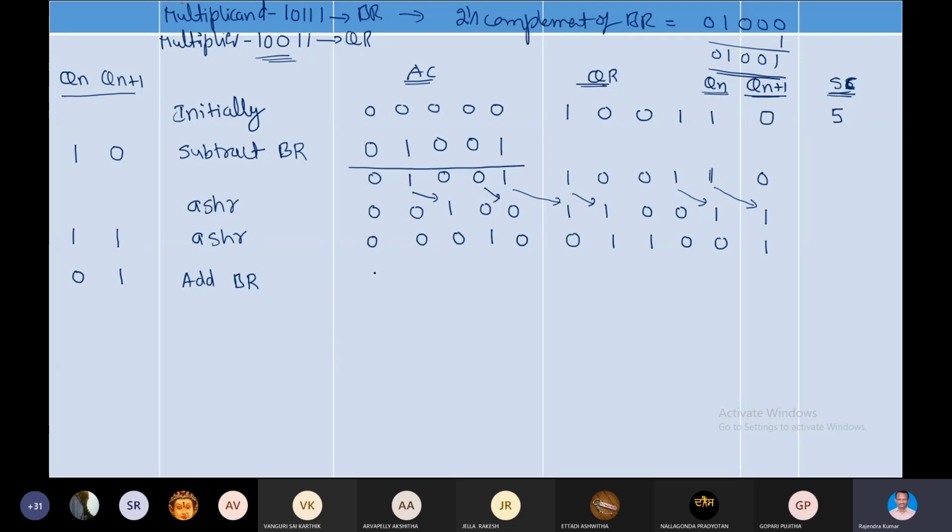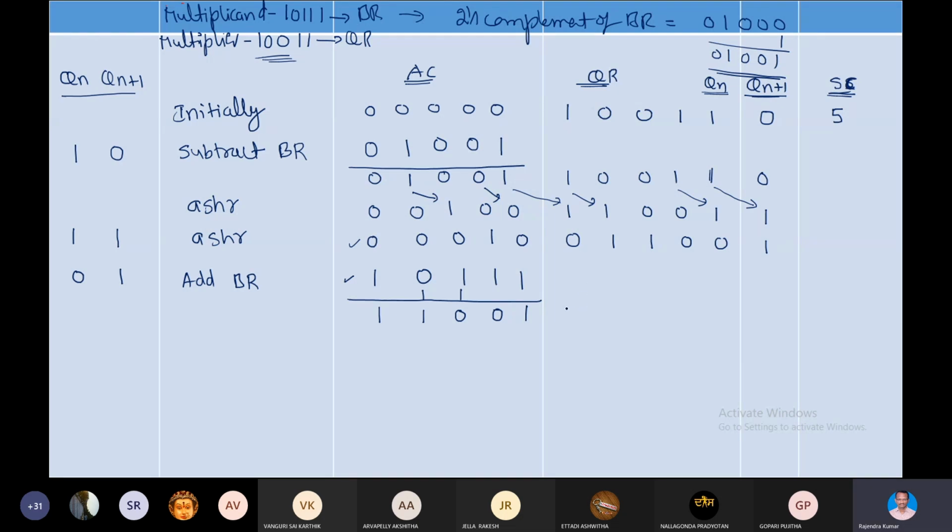So what is BR? BR is 1 0 1 1 1. So we have to add both, that means this one and this one. What comes when we add? 1 plus 1 is 0 with carry 1, and so on.